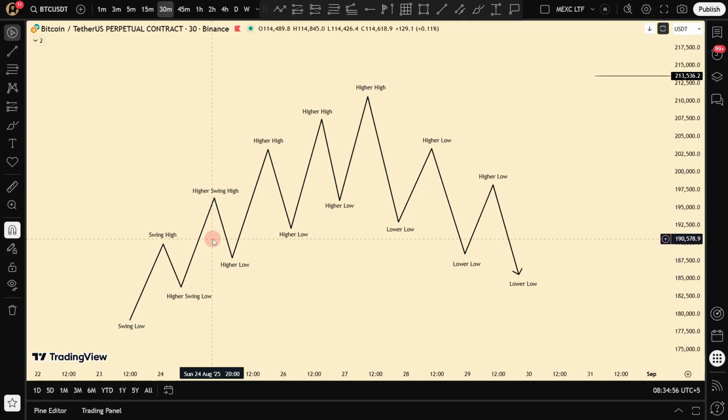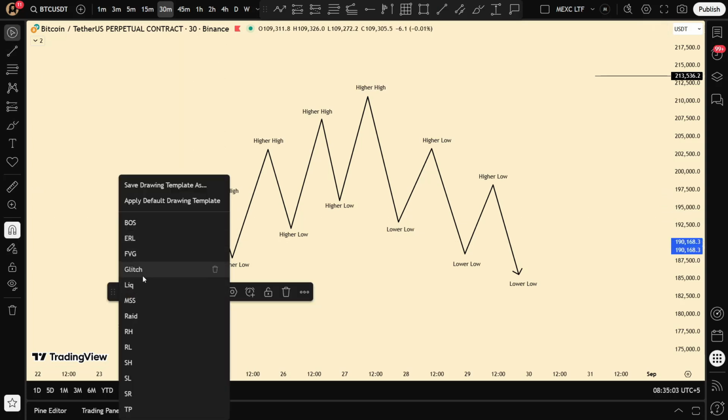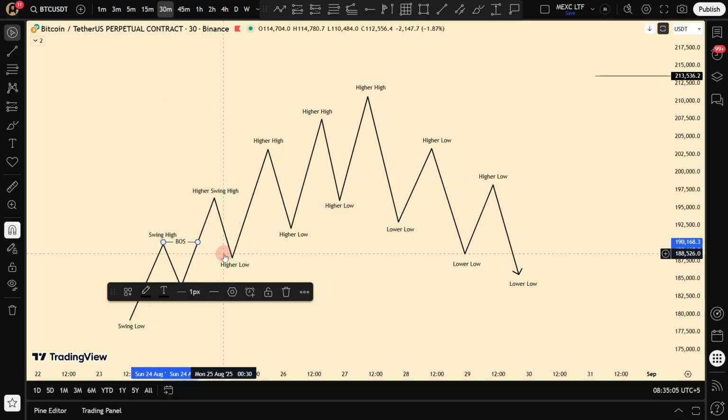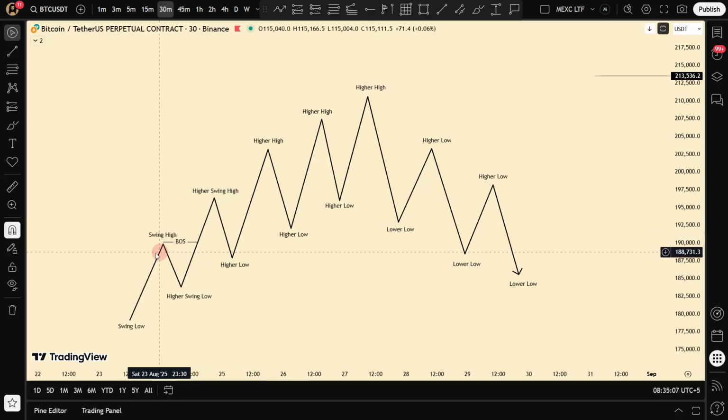This is a second terminology that you need to know, which is called a break of structure. I will call this BOS. So this becomes a break of structure. Why? Because we broke the previous swing high and we posted a higher high. We closed above the previous swing high on this particular time frame, which is 4 hour in our case.